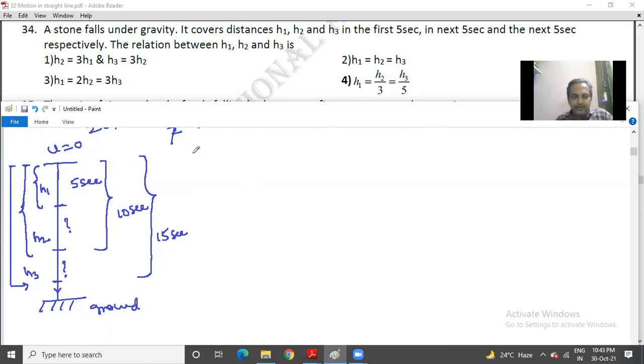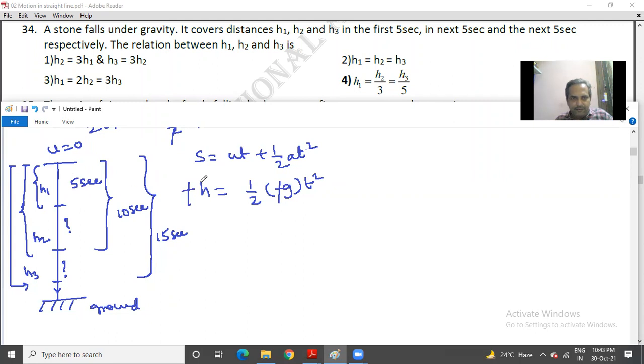Now first let us make use of the equation S is equal to ut plus half at square. Since it is falling freely, you can take h negative is equal to half a, which is minus g, with t square. So you cancel the negative sign on both sides.